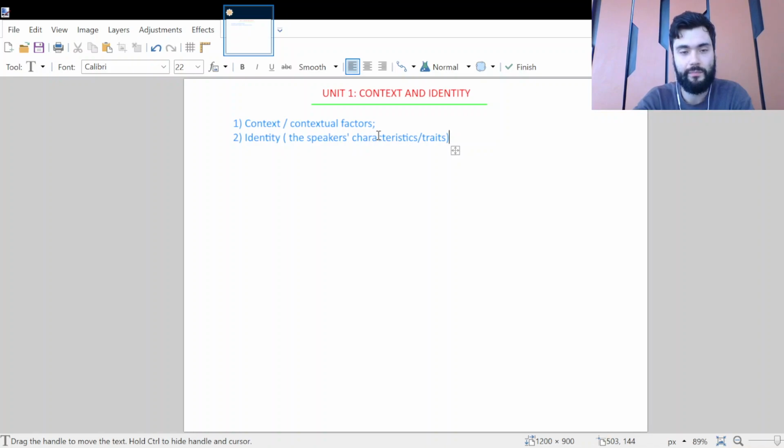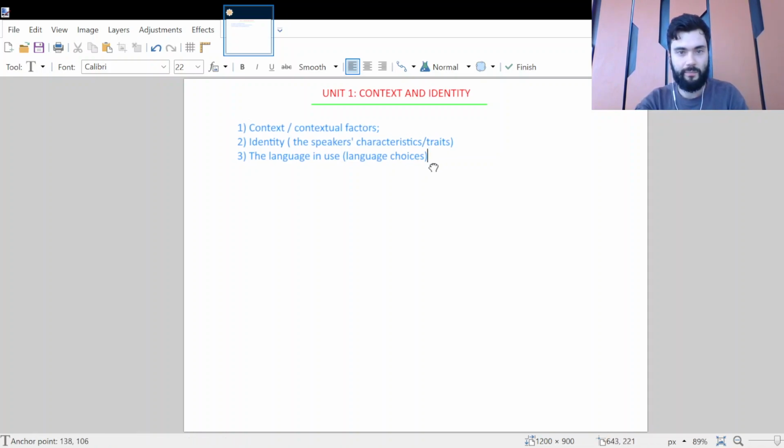And these terms that we're covering right now are necessary to remember what is it exactly that I am covering, and what is it exactly that is interrelated and has an impact on the language in use, which is the 3rd major component here, the language in use or language choices. The language chosen by the speakers.